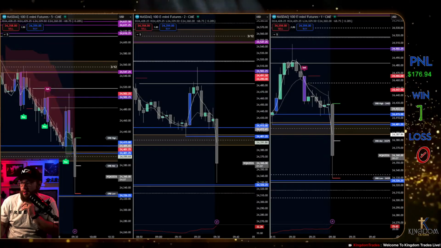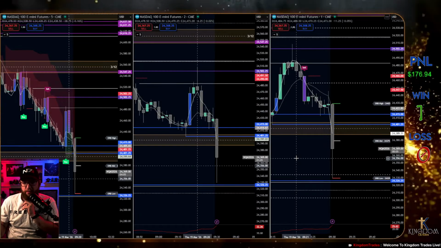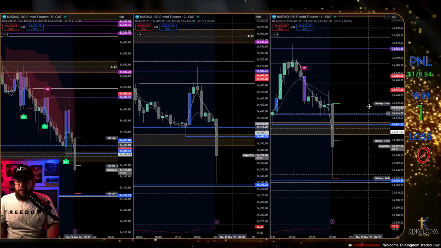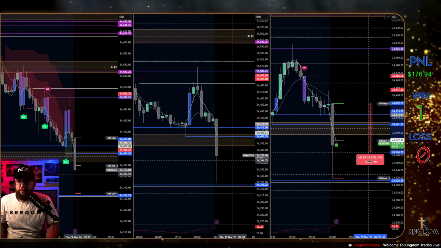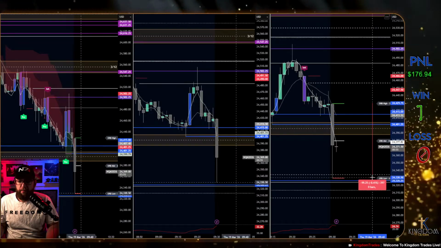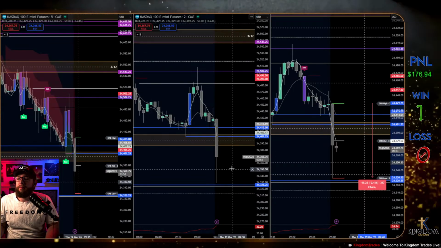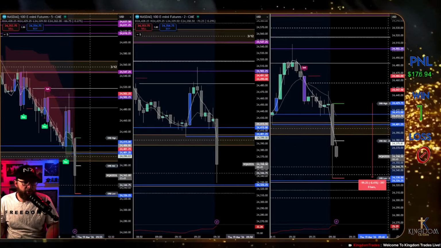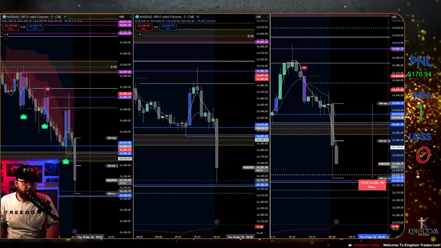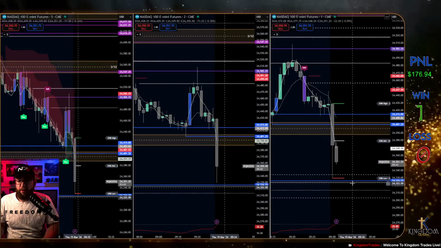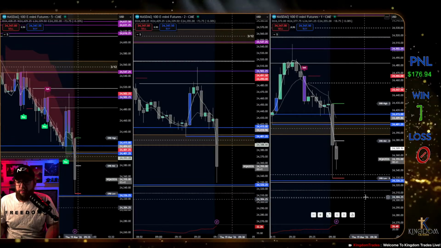Switching over to my one micro. That was a 100-point candle there. Look at that, a 100-point candle. One candle, 100 points down, about 40 points back up. Pushing back down again.